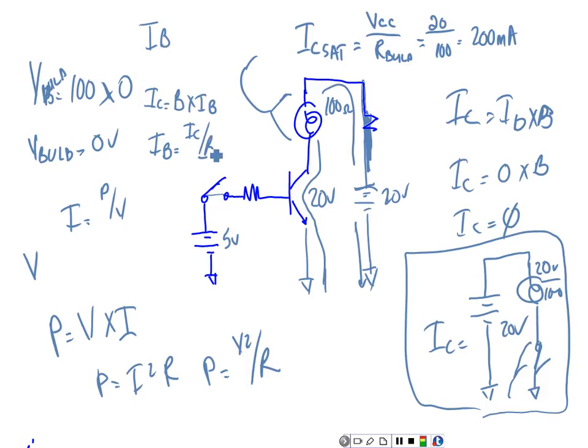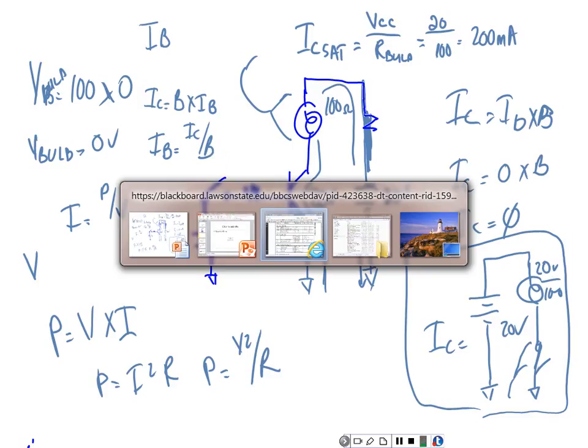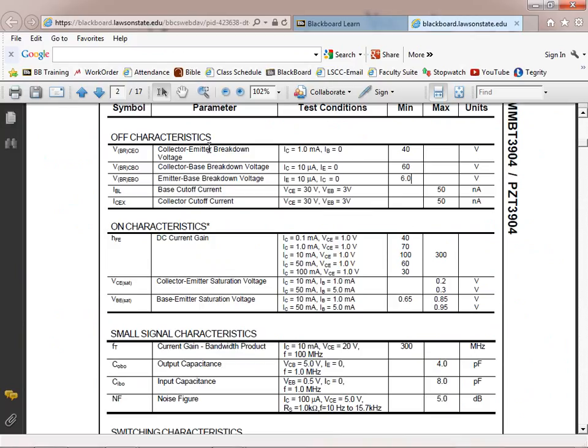So now, okay, y'all follow it so far. The problem is that I have to deal with a beta. So here's the beta on the 3904. What beta am I going to use?